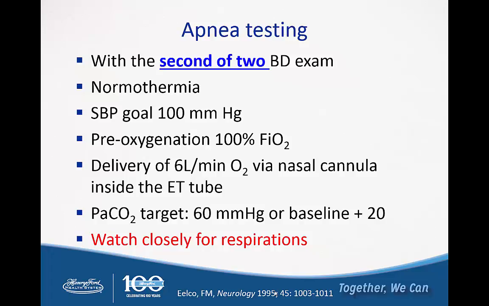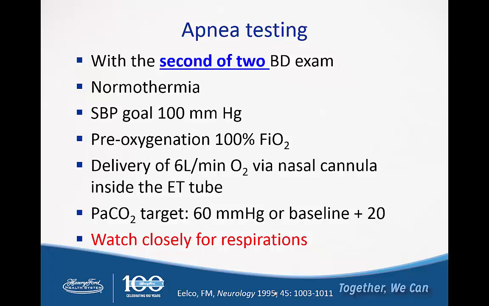Tie a knot in one of them, and stick the other one down the ET tube. You want it to be at about the end of the ET tube, and usually you can tell that by the markings on it. That is going to allow you to give oxygen, but also allow carbon dioxide to not stay around.